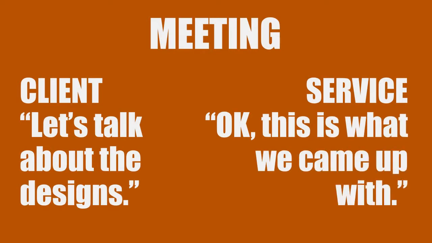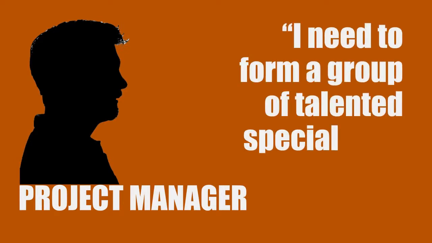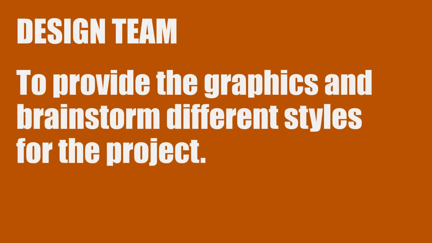When this is determined, the project manager would then have to decide on a team to work on this project. In digital media, there can be a number of groups dedicated for each part of the project. The design group's task is to provide the graphics and brainstorm different ideas and styles for the project.